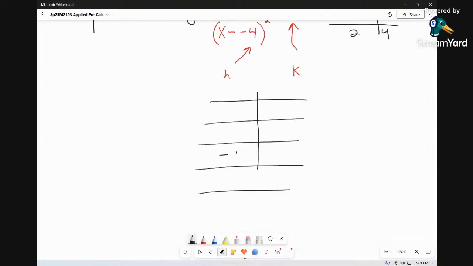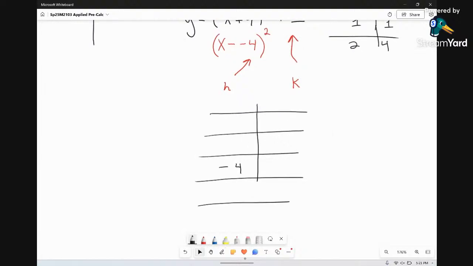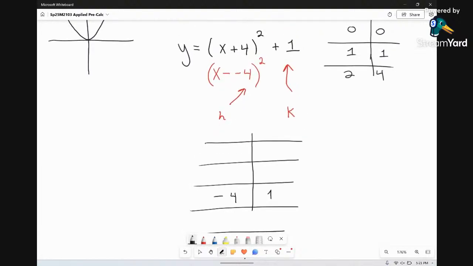So that would go in the middle of your table. And now, similarly, you choose a number less and then less again. So -5, -6. It's kind of like you're moving to the left there. And then forward and forward again.